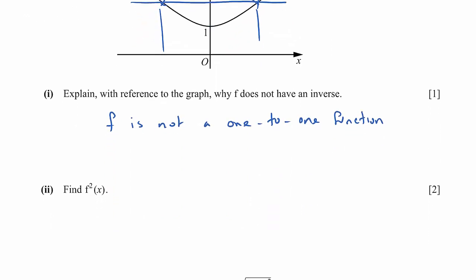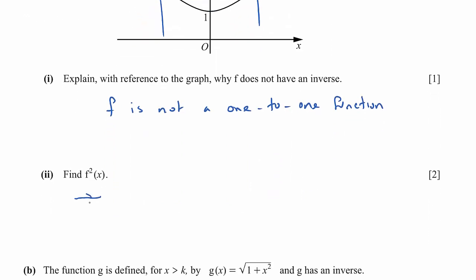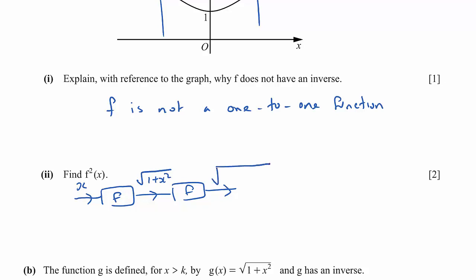So f squared of x means doing f and then doing f again. So if we put x in here, the square root of 1 plus x squared comes out there, which means we get the square root of 1 plus the square root of 1 plus x squared, squared.